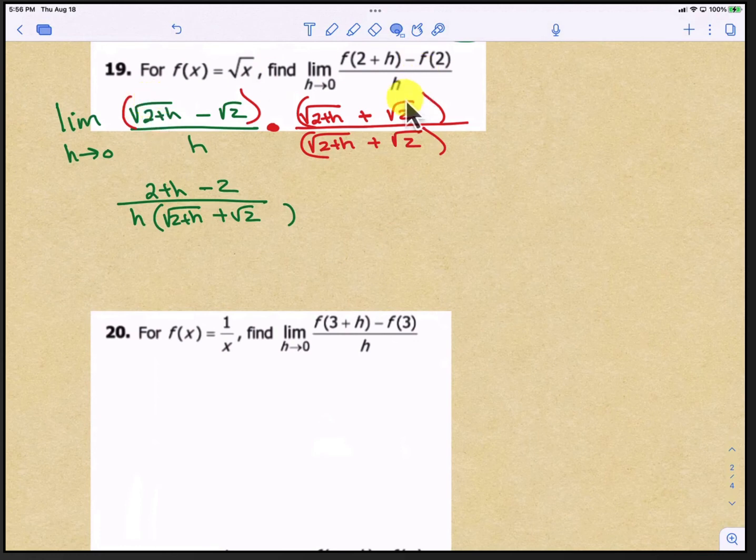Radical 2 plus h times radical 2 will cancel with the negative radical 2 times radical 2 plus h. So then you multiply the negative radical 2 times the positive radical 2, and that's just going to be negative 2 here.